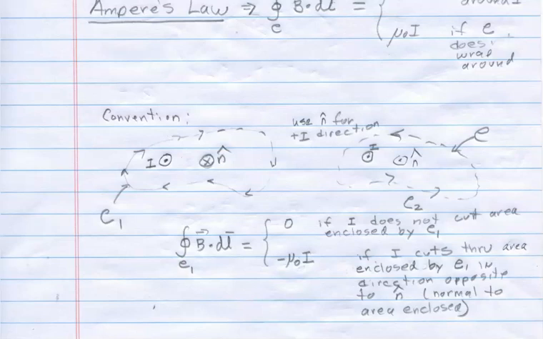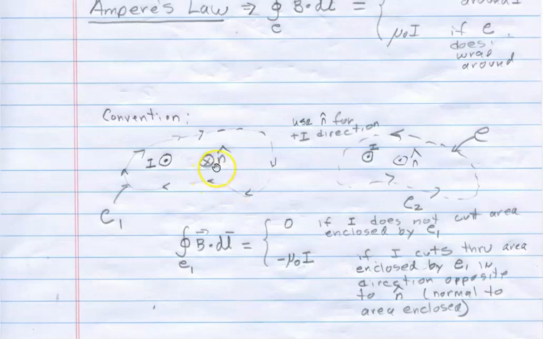Well, to utilize it, there are several conventions that are used, and one way is I'll have a current carrying wire coming out of the page at me. And I'll think about a curve C1 in which I go clockwise around it here. A closed curve always encloses an area, and that area has a perpendicular to it.